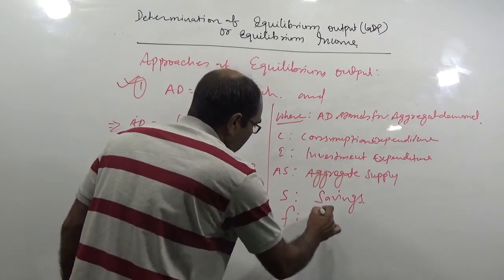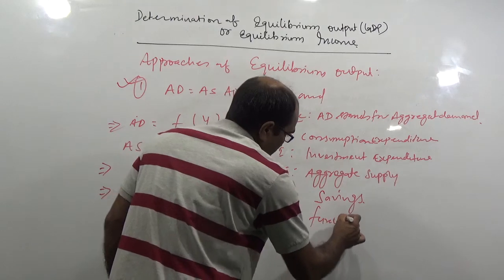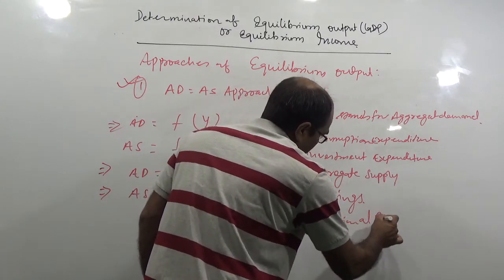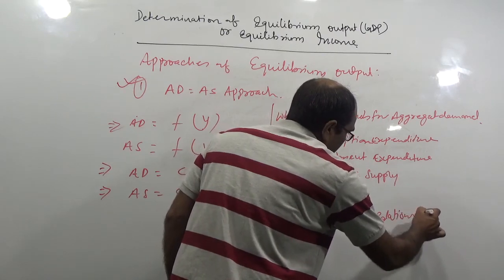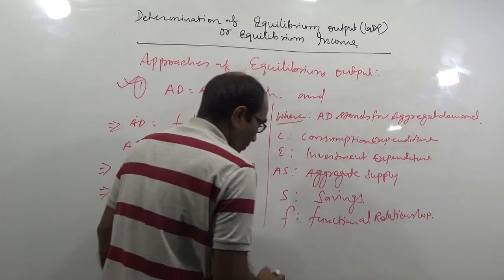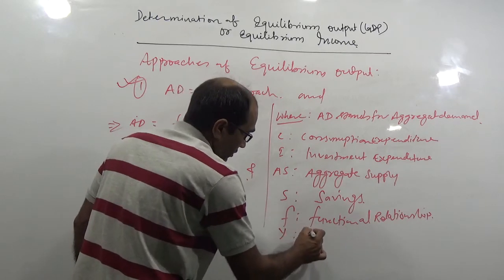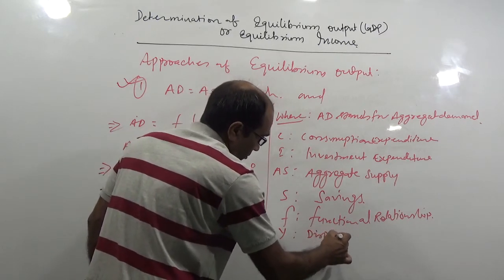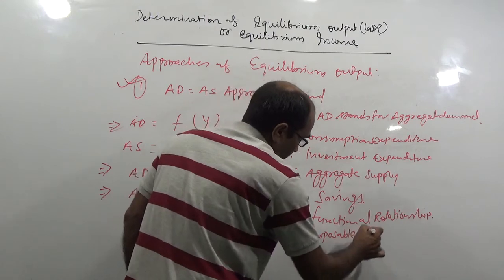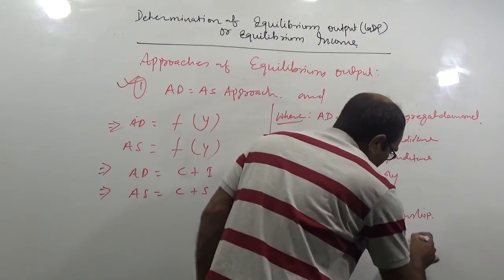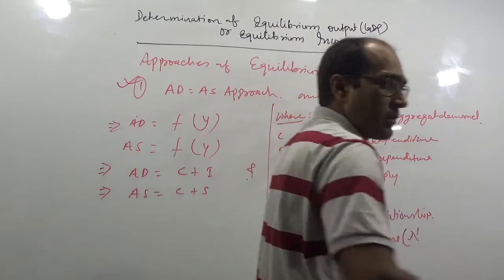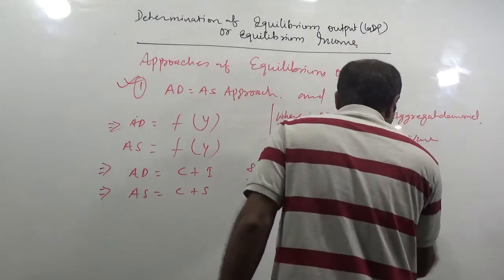F stands for functional relationship. Y stands for disposable income, or you can say disposable income or national income.